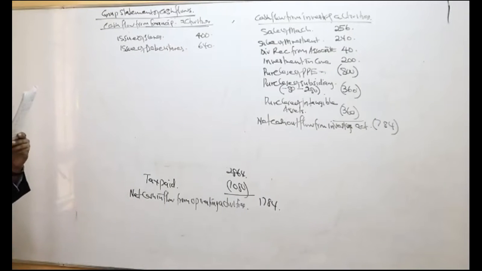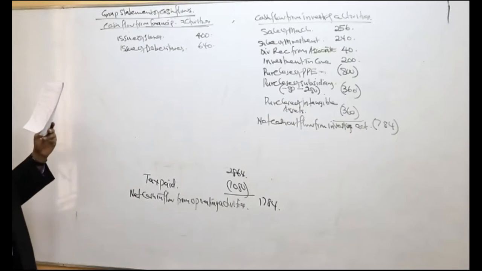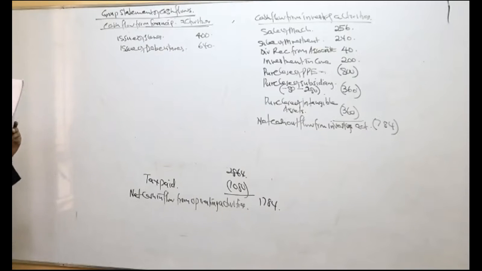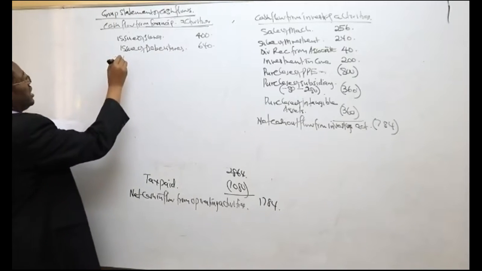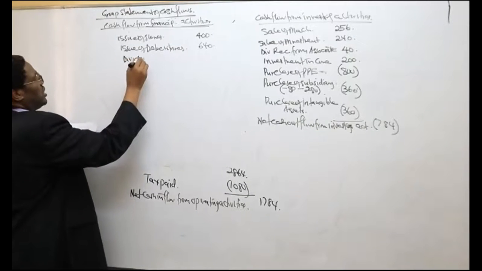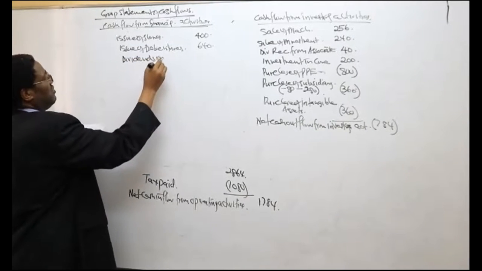The other financing activity item we analyzed was which one? Those are the two major finances in terms of debentures and the share capital. Now we can pay the financiers their returns. We come and pay the shareholders their dividends, so we see dividends paid.